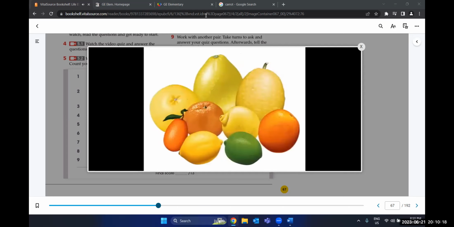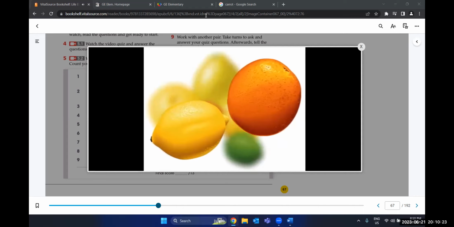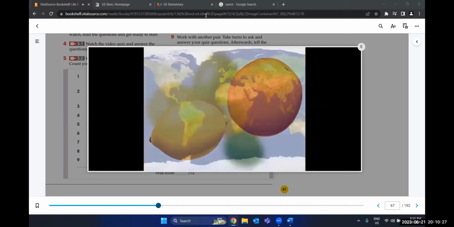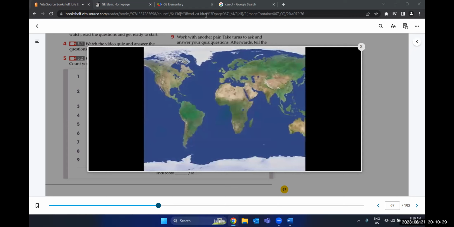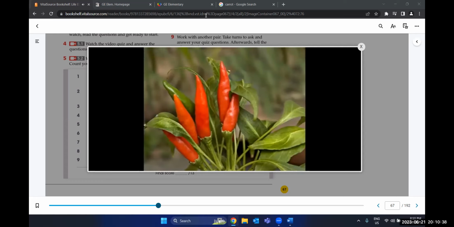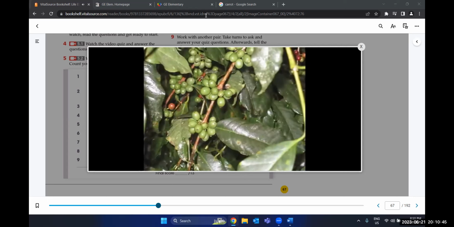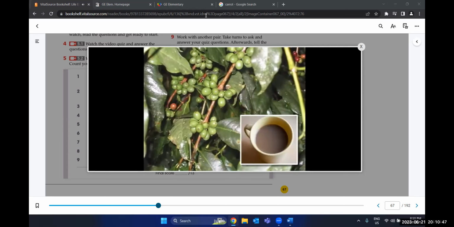And what are these two fruits? Write them down. Other types of plants are an important part of the human diet in different parts of the world. For example, beans, seaweed, and mushrooms. For question 8, what type of plant on the screen makes our food hot? And finally, question 9, what type of drink can you make from this type of bean?